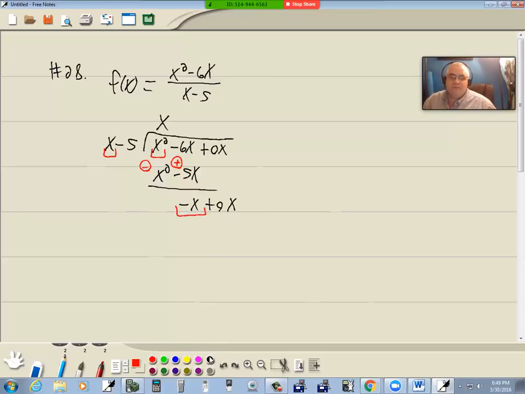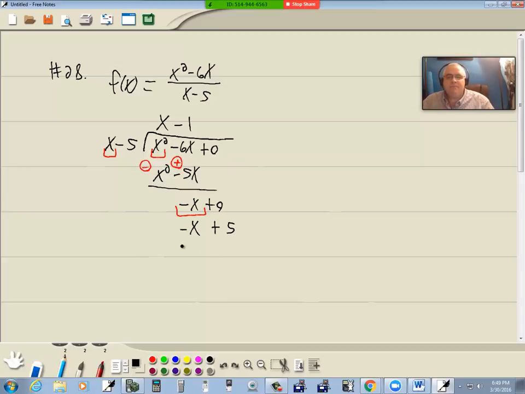Now again, we look at the first term of each, decide what to put up on top. You ask yourself what times x gives you negative x, and that's negative 1. Whatever you put up on top, you're going to multiply by what's out in front. Negative 1 times x is negative x. Negative 1 times negative 5 gives us a positive 5. And I don't know why I put an x there. It's just a 0.